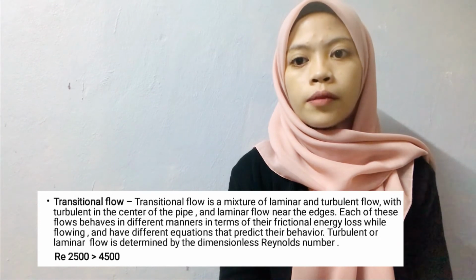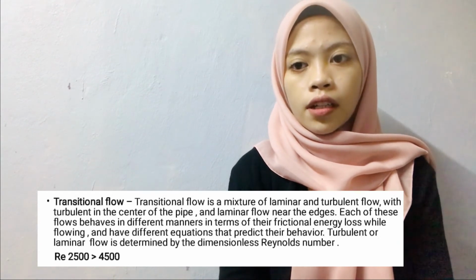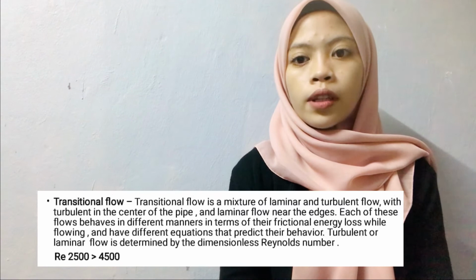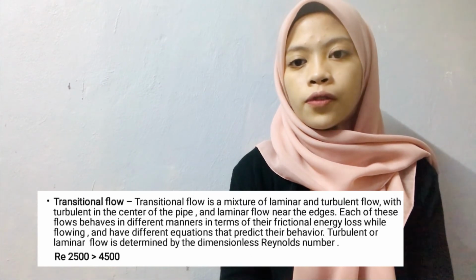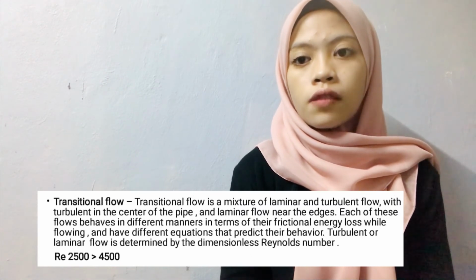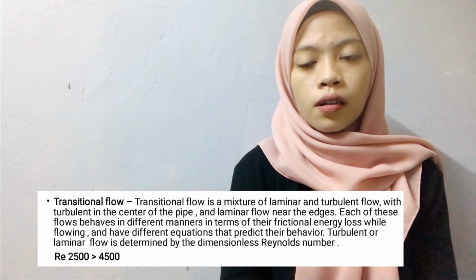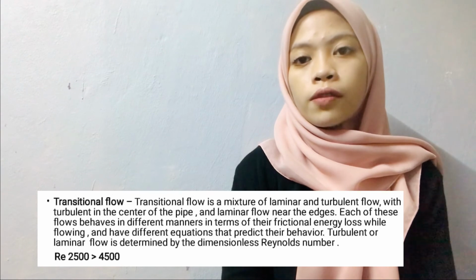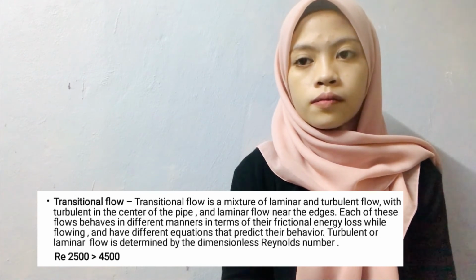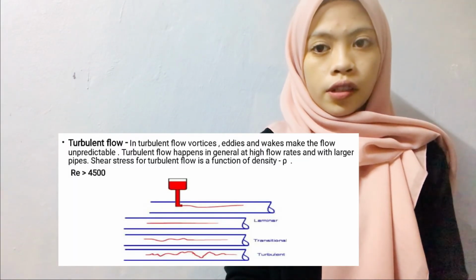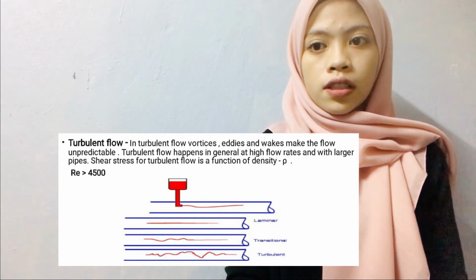Turbulent or laminar flow is determined by the dimensionless Reynolds number. Reynolds number for transitional flow is 2500 to 4500. Turbulent flow. In turbulent flow, vortices, eddies and wakes make the flow unpredictable.